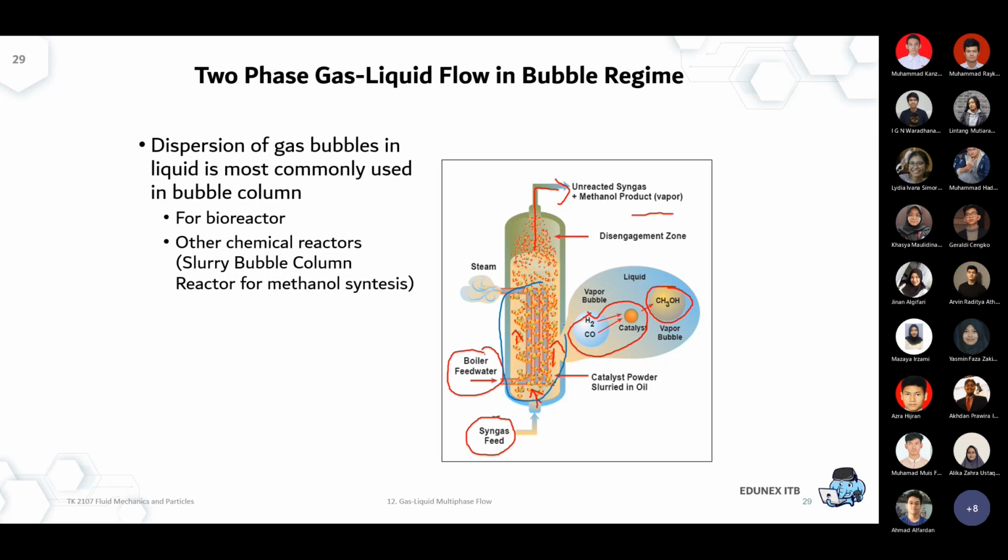You have a lot of tubes, so that the boiler feed water can indirectly contact the reactor to obtain the exothermic heat. The water flows inside the tubes of the reactor, and the exothermic heat can be transferred into the inside of the tube.